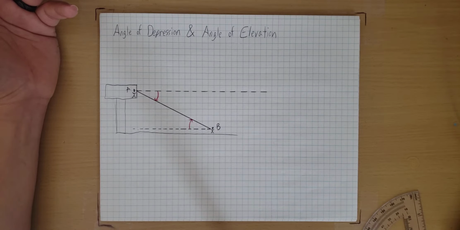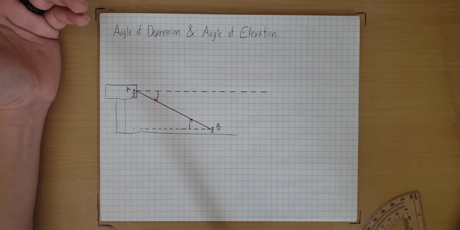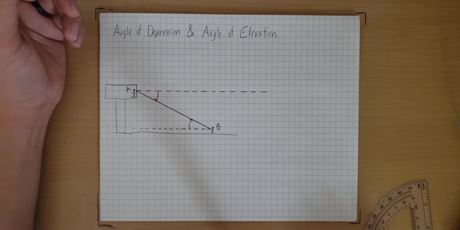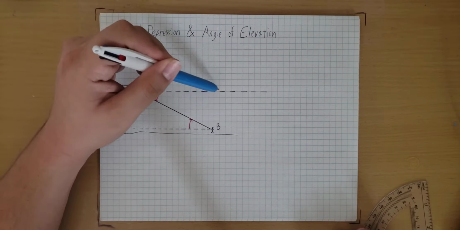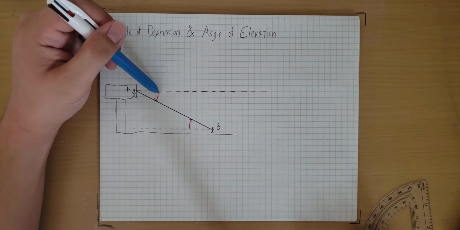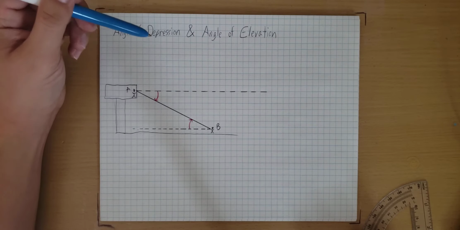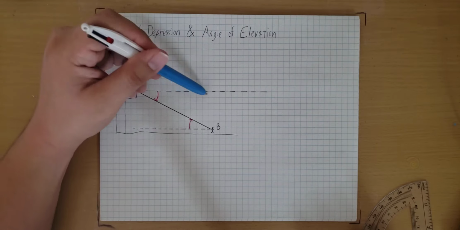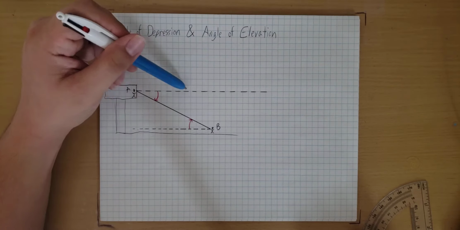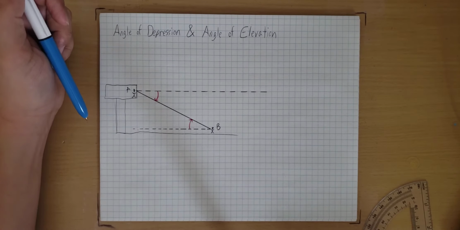The answers are already there, so now it's really just a matter of looking at the answers and understanding why those angles are described as they are. Again, one of the important things to remember with angles of depression and elevation is they are all based off of some horizontal line. Every angle is made up of two sides. With angles of elevation and depression, one of those two sides must be horizontal.